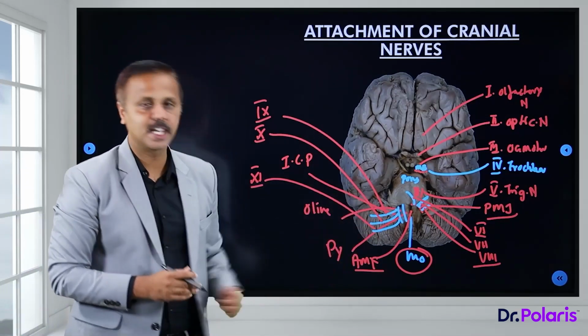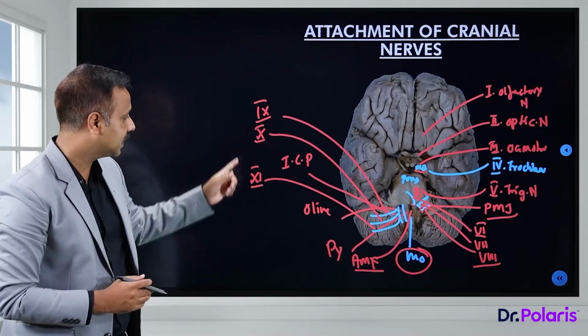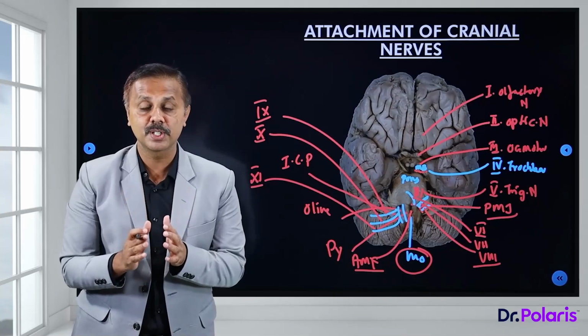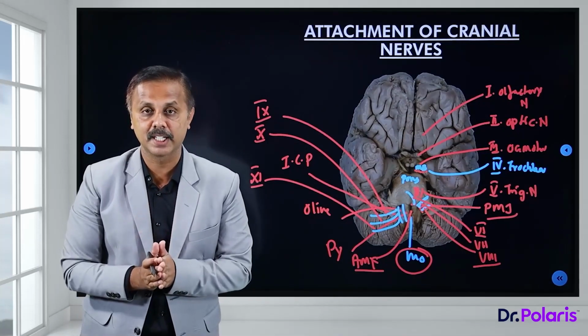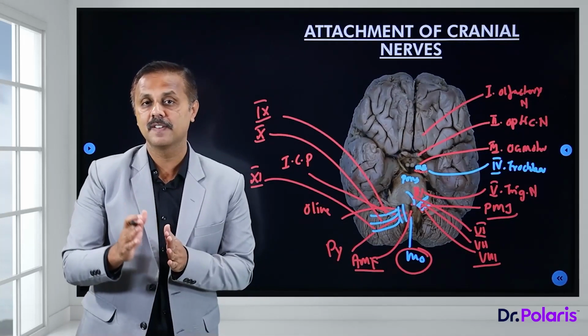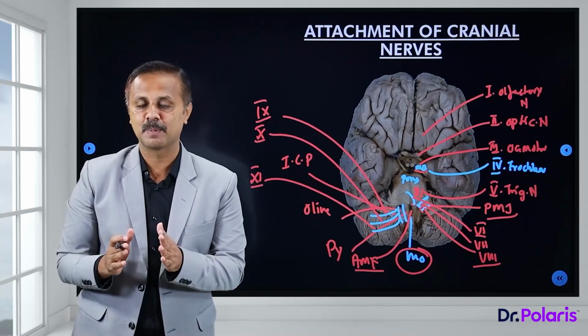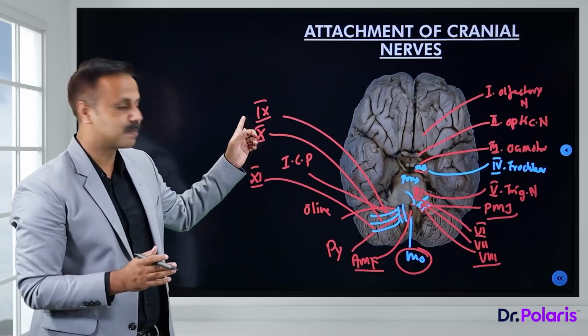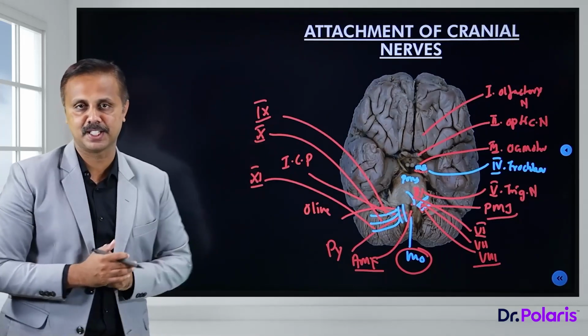So where exactly is the attachment of the 9th, 10th and 11th cranial nerve? Remember, it is into the posterolateral sulcus of the medulla oblongata that lies between the olive medially and the inferior cerebellar peduncle laterally. Right? This is regarding the attachment of the 9th, 10th and 11th cranial nerve.